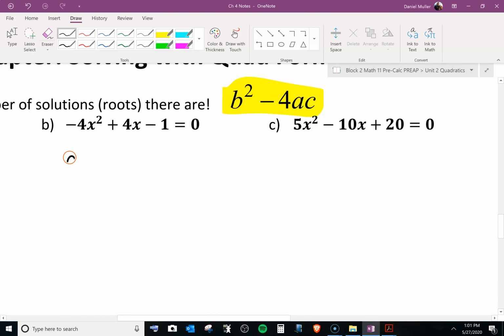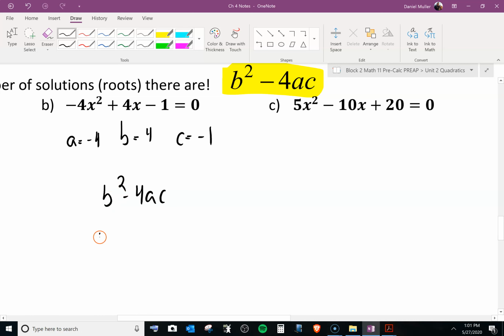B is going to have our A value as negative 4, our B value as positive 4, and our C value as negative 1. So we'll use b squared minus 4ac. Remember, that's inside the square root, but we don't technically need to write that. B squared is 4 squared minus 4 times a, which is negative 4, times c, which is negative 1.